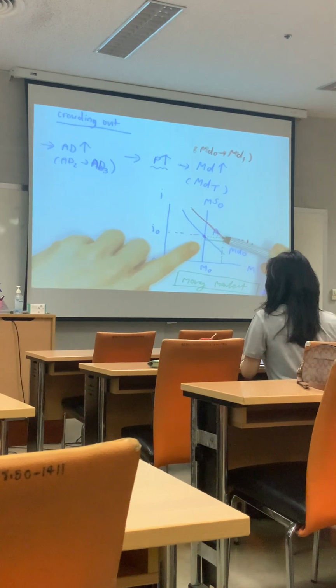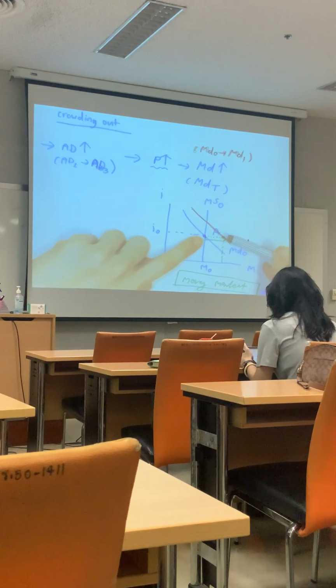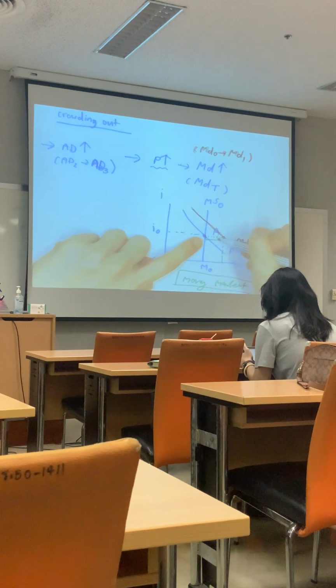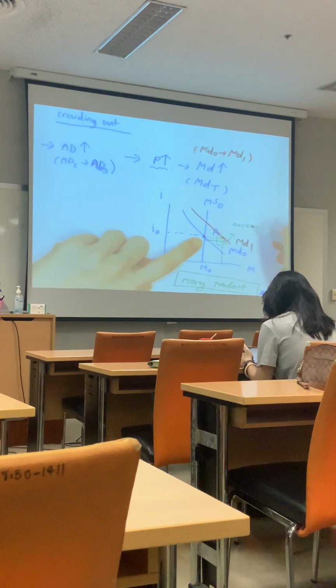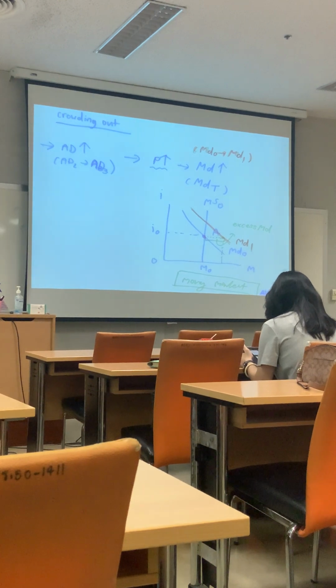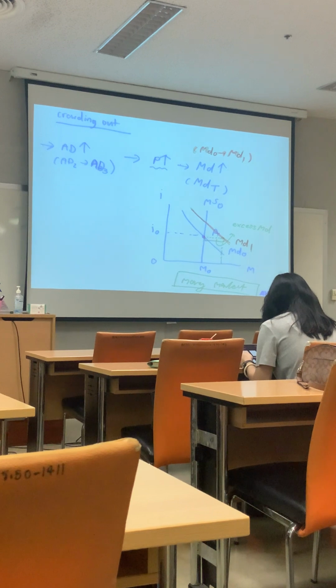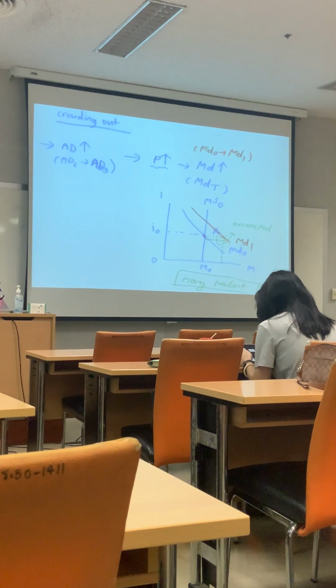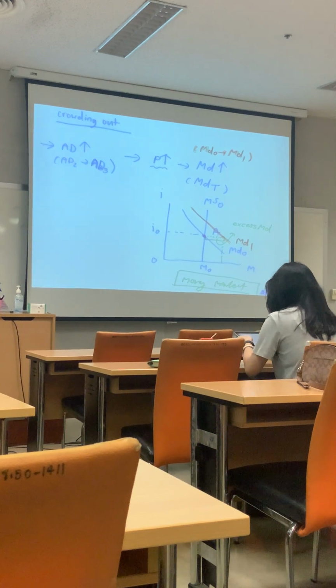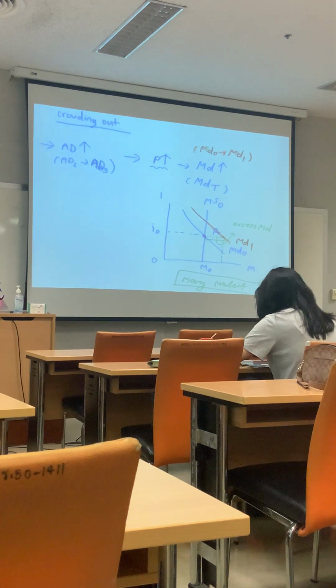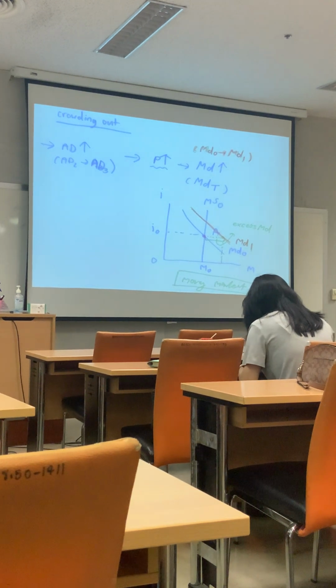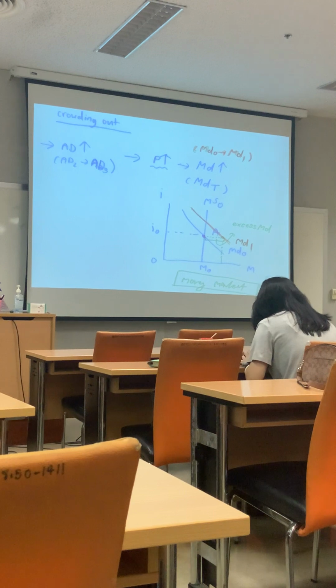We compare the new graph that shifted with the old graph, MD is bigger than MS. We have excess money demand. It means that right now in the economy, everyone would like to hold money. So if you want to borrow money from me, I don't want to lend it to you because I want to hold my money. So that's why the cost of borrowing increased, because no one would like to lend money to others.